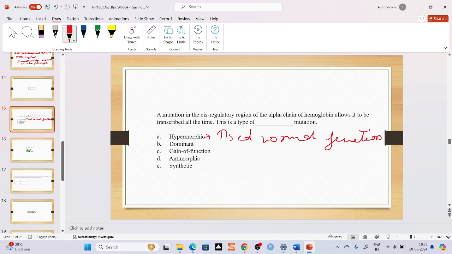Dominant means that if there are two different alleles, the allele which is dominant will always show its characteristic. And gain of function again is related to hypermorphic only.